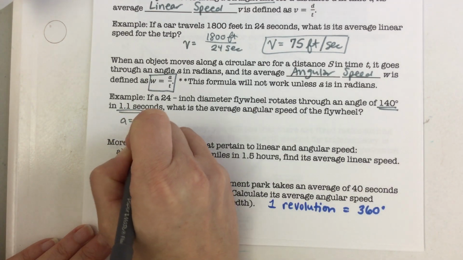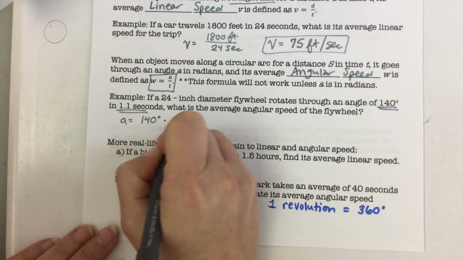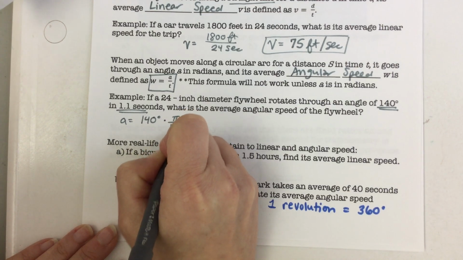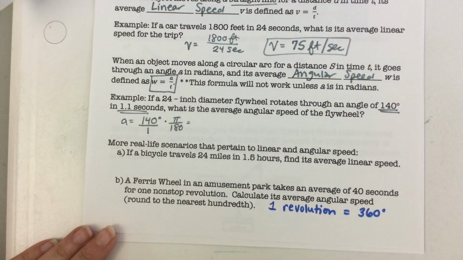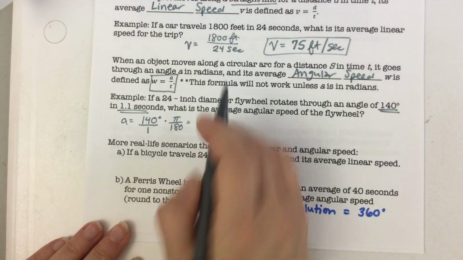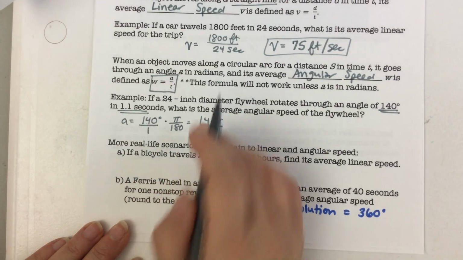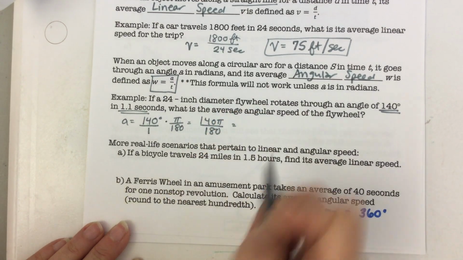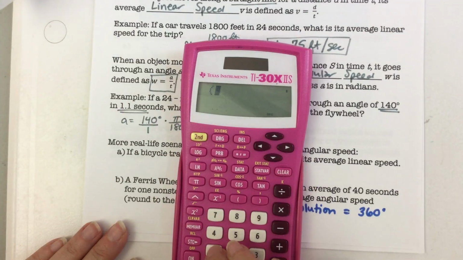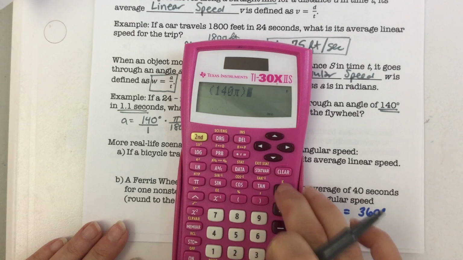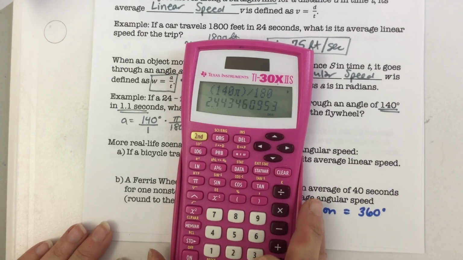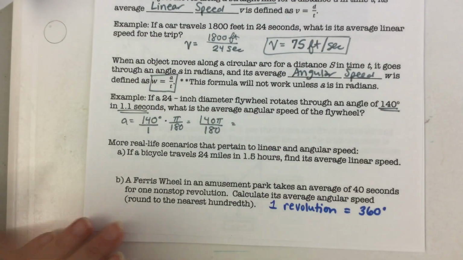So A is 140 degrees times pi over 180. I put a 1 underneath, top times top, 140 pi over 1 times 180 is 180. So if I calculate this, 140 pi divided by 180, I have 2.44 radians.